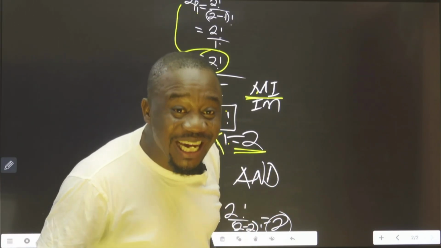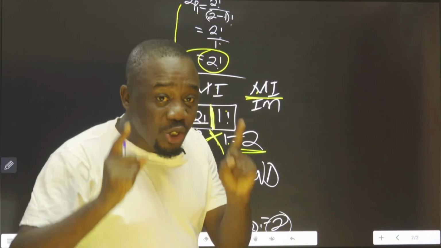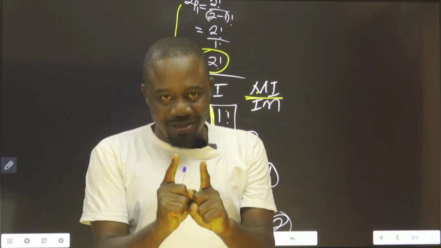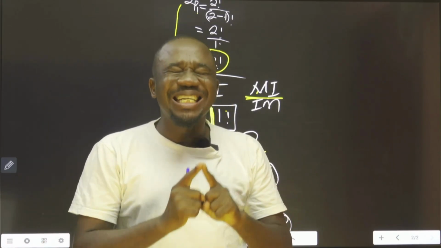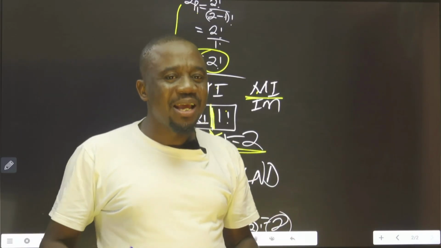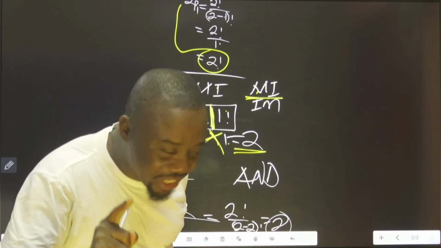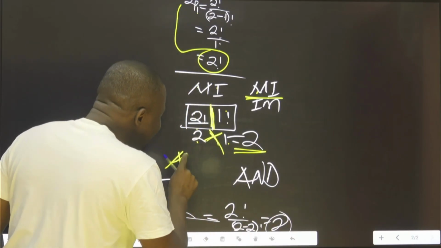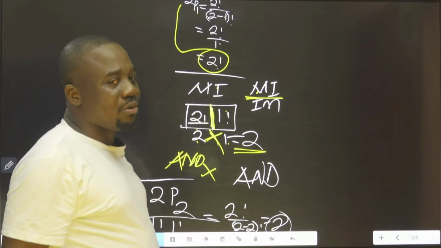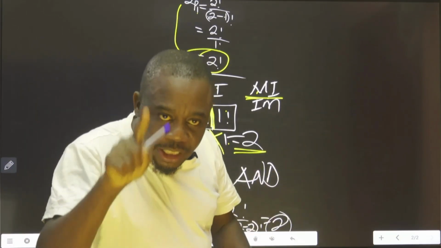It's not or. There is no choice. To form a 2-letter word is and. M and I. Because in set theory, and is multiplication, while or is plus.